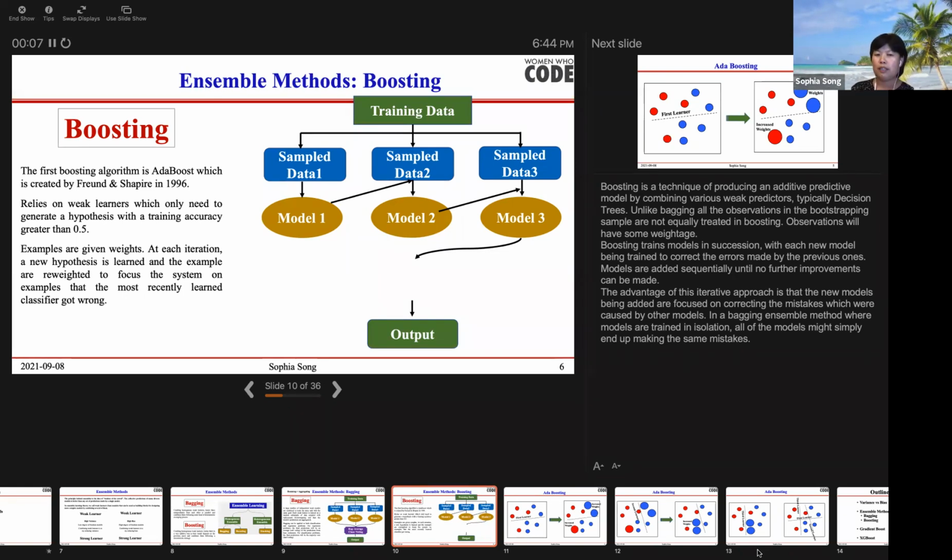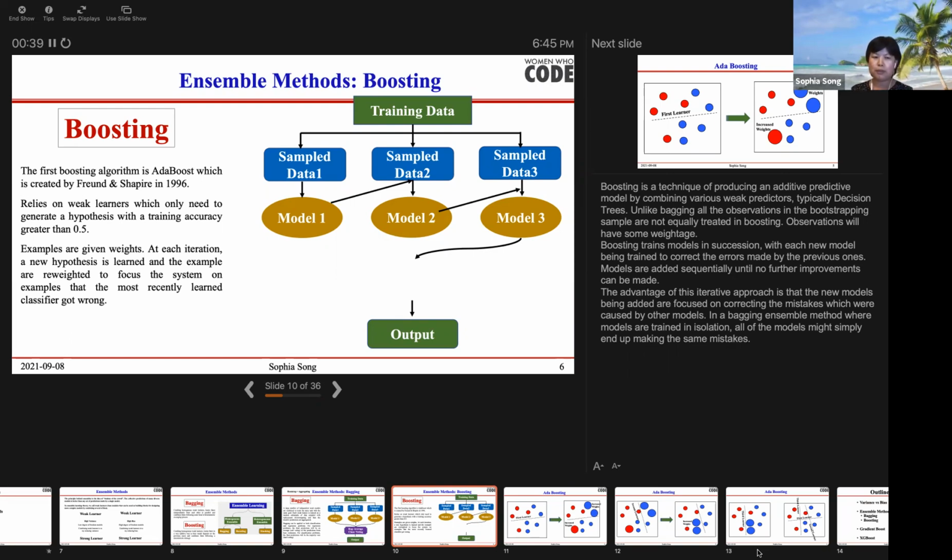So, in short, the boosting algorithm builds up sequential models, one by one. The next model always depends or relies on the previous model. The next model puts more effort, more weight, on predicting the previous model's errors. So the second model learns from the first model, the third model learns from the second model.